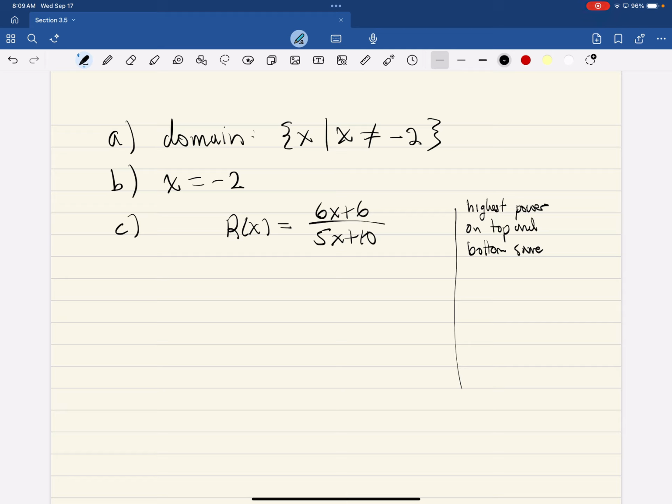Okay, so if the highest power on the top and bottom are the same, then you're going to have a horizontal asymptote. And how did we find it in that case?